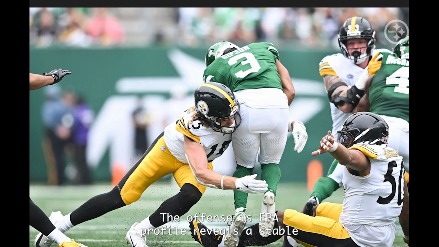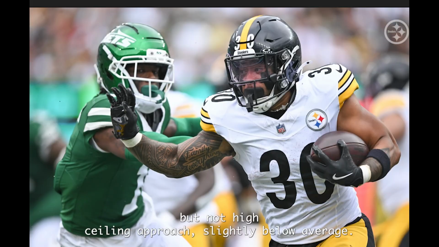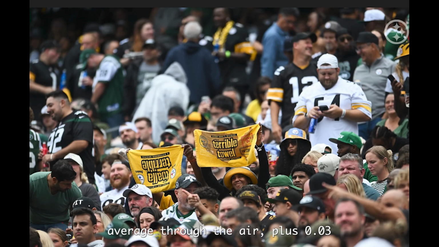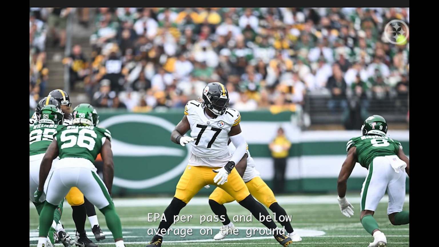The offense's EPA profile reveals a stable but not high-ceiling approach, slightly below average overall, negative 0.01 EPA per play, average through the air at plus 0.03 EPA per pass, and below average on the ground at minus 0.06 EPA per rush.